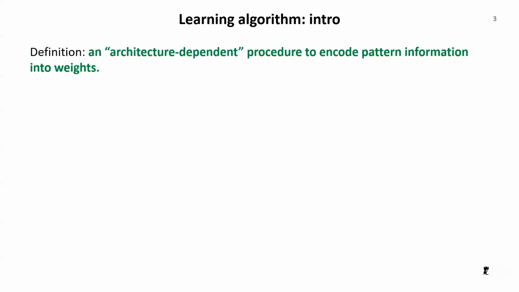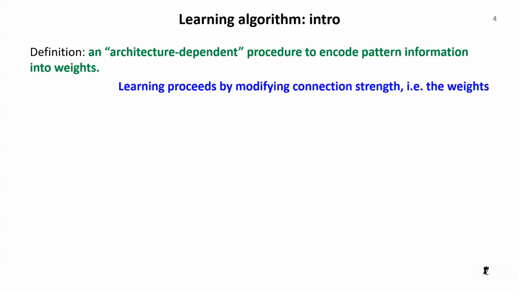And one thing we have seen before is that it depends on the architecture. From the first lecture, we already saw different types of architecture, right? The Hopfield, then the multi-layers, even the recurrent networks. So different architectures have different ways to optimize or learn.